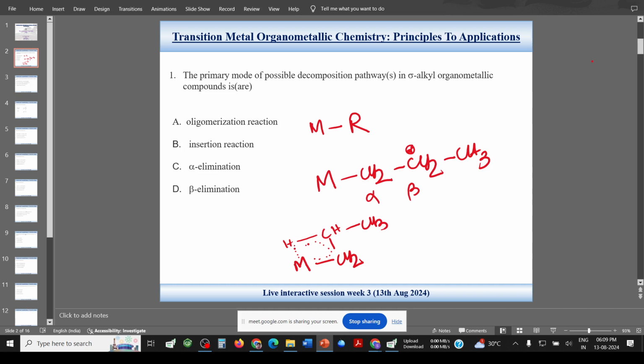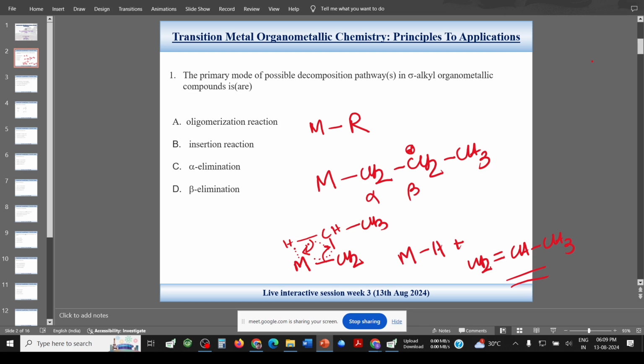So the metal will extract this hydrogen as a hydride, leaving the system as an olefin. So we have our metal hydride plus the olefin.